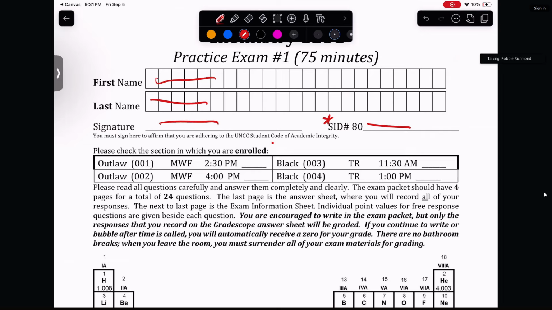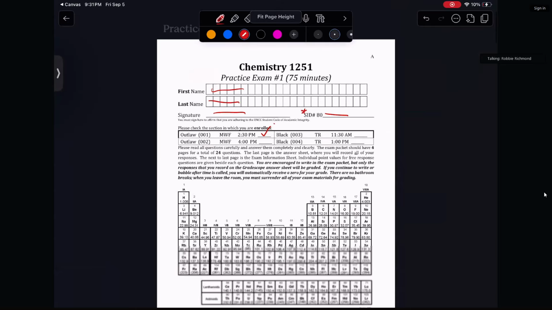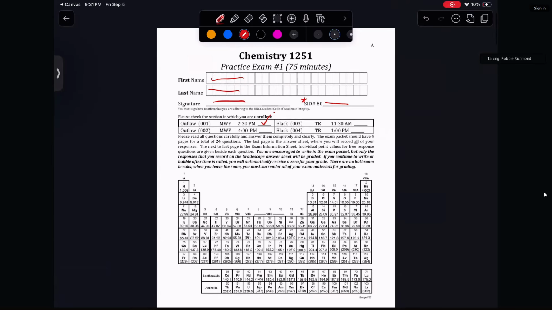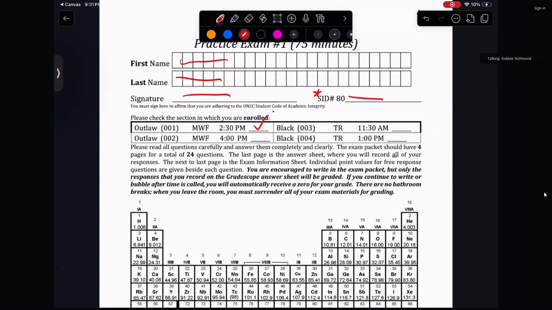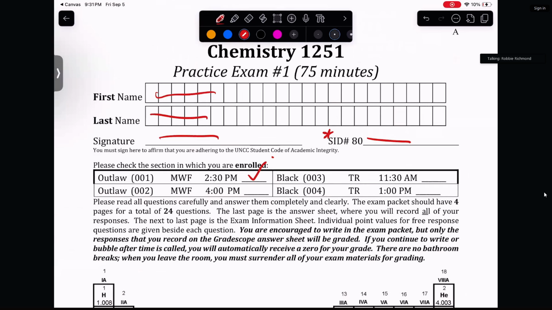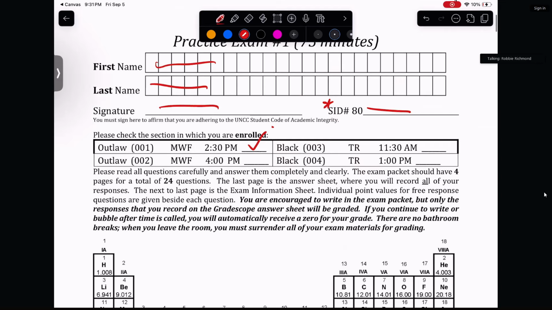Make sure you always remember what section you are in, and other than that, that's all the identifying factors. If you do this wrong, or if you're in the wrong exam room, your grade's going to be in later, like around a week or two, and it's going to be a whole entire mess that you don't want. So make sure you have all of that information for where you're taking the exam, and what your student ID number is, now, before you find out.